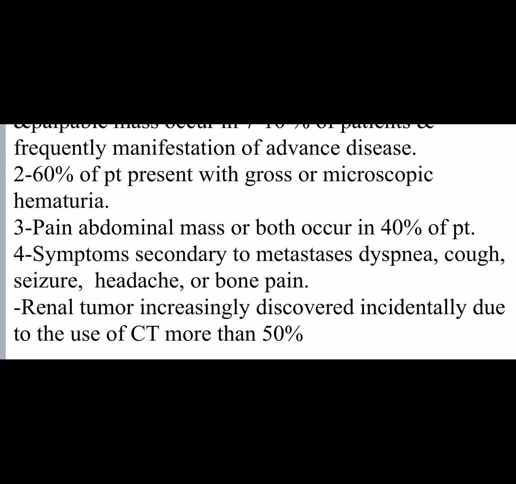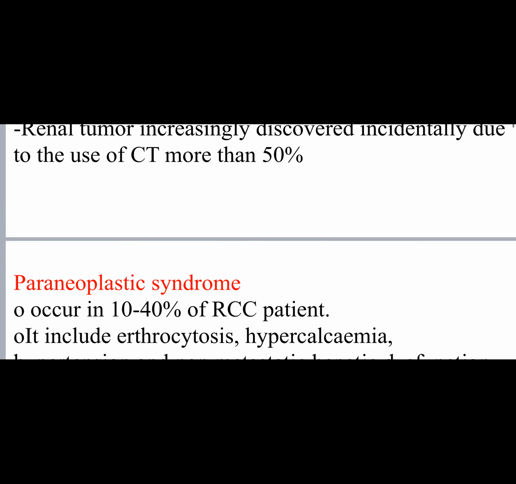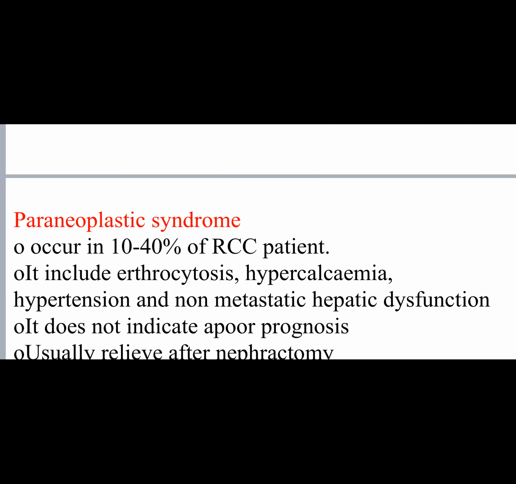Symptoms secondary to metastasis include dyspnea, cough, seizure, headache, or bone pain. Renal tumors are increasingly discovered incidentally due to the use of CT scan, in more than 50%. So the triad for presentation of patients with a renal mass is three criteria: pain, hematuria, and palpable mass, with different percentages between patients.